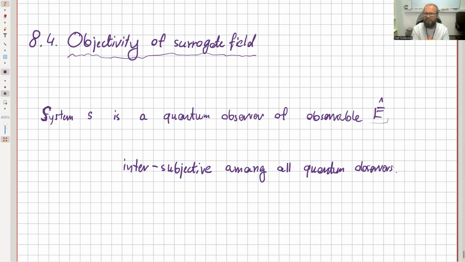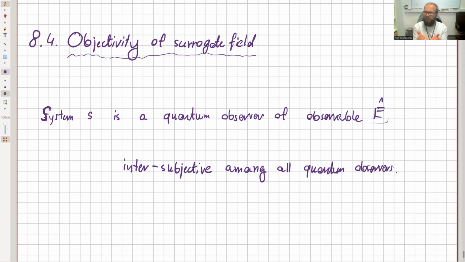Intersubjectivity means that when you gather a collection of observers, let's say quantum observers, and ask them to compare what they experience about the observed thing, they will all agree. So their subjective experiences are equivalent among their peers. Okay, so you can say that objectivity.